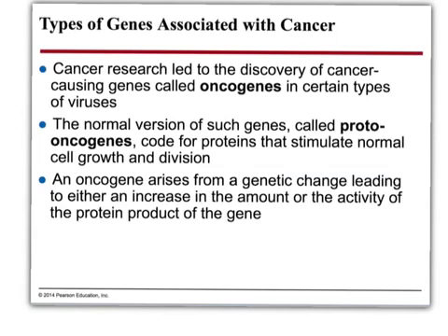Years and years ago, hundreds of years ago, when cancer was first discovered and first was a topic of research, the idea was, what causes this, and why are these cells different than other cells?